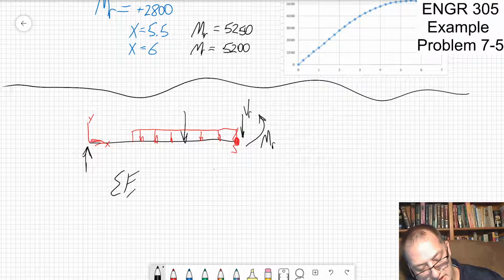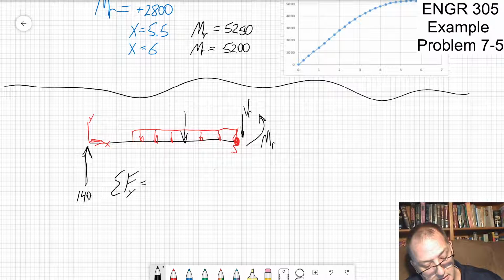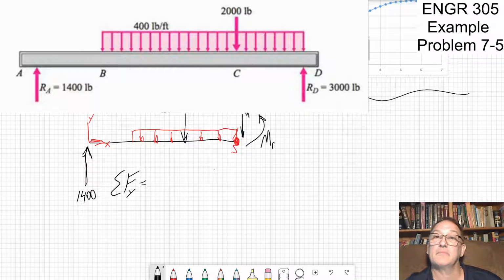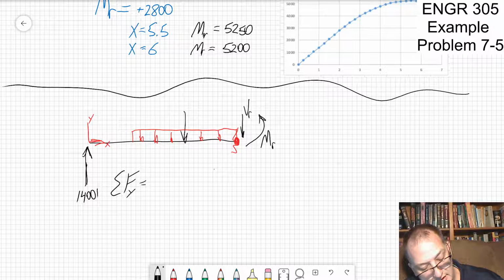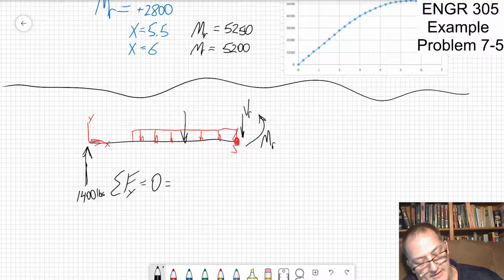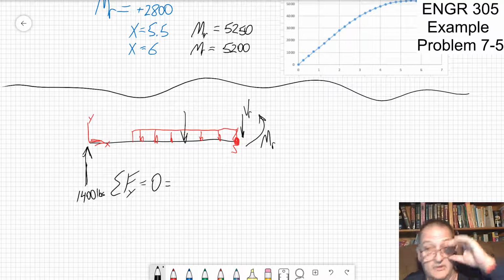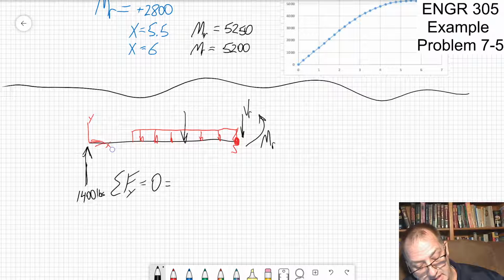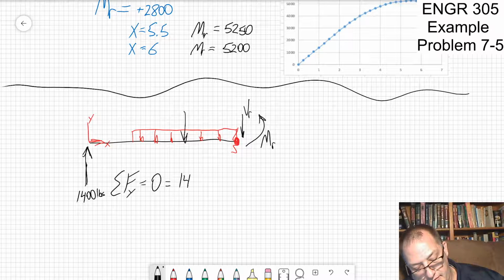Sum of the forces in the y direction are equal to, that force was 1,400 pounds. I feel like I'm forgetting something. So, nope, 1,400 pounds. And so that's equal to 0, and that's going to make the steps go down. So I'm good with that. That is 1,400.